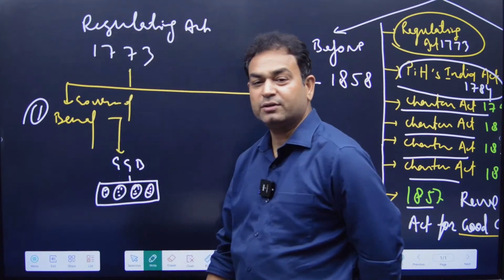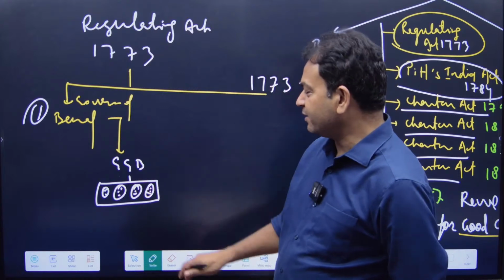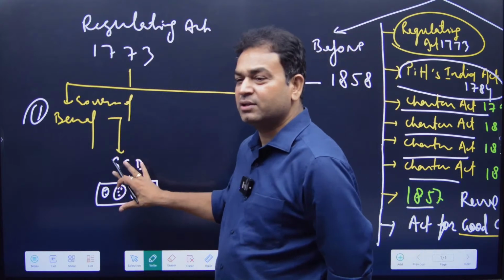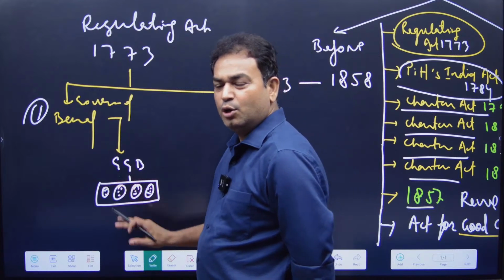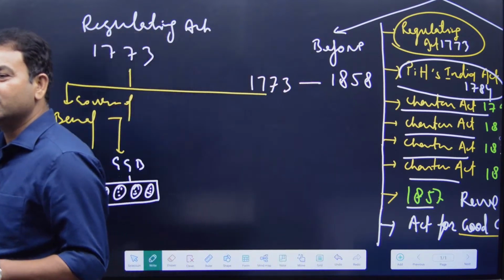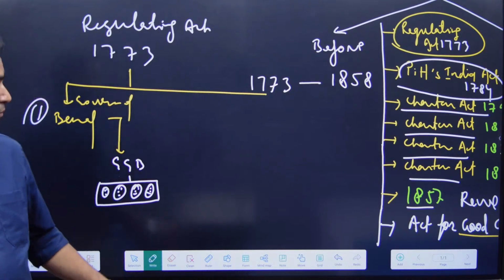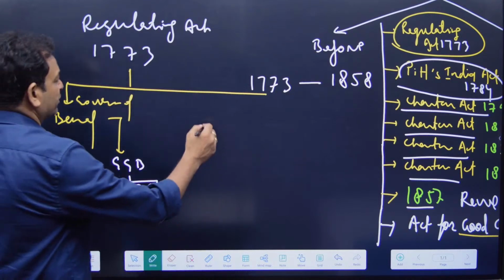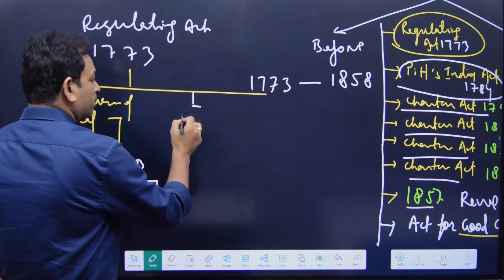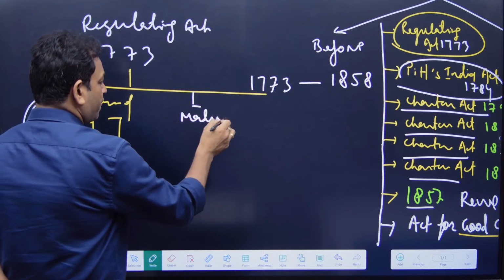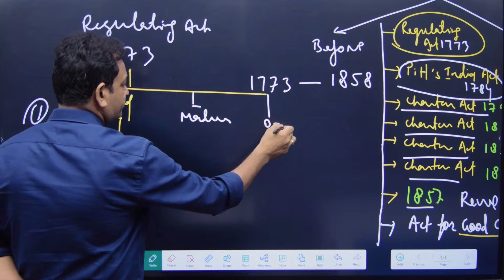and it was said that it will be a governing body which will look after the affairs of East India Company in India and other presidencies like Madras, Bombay.